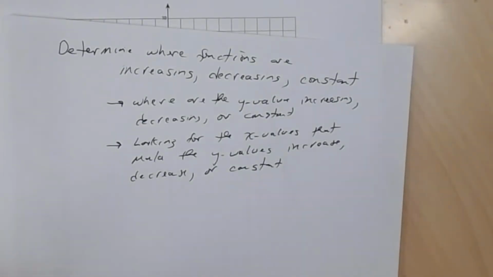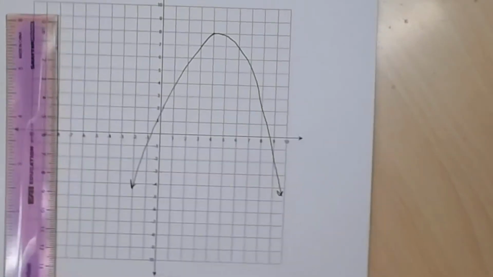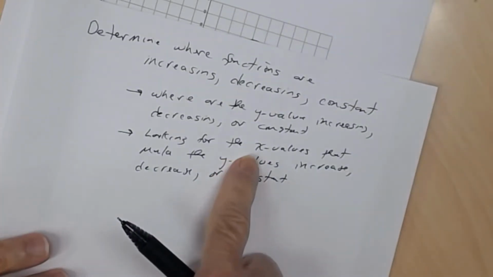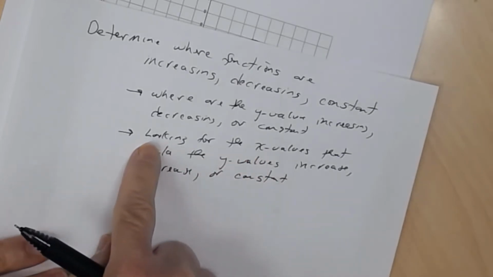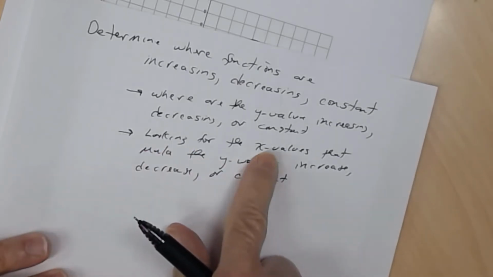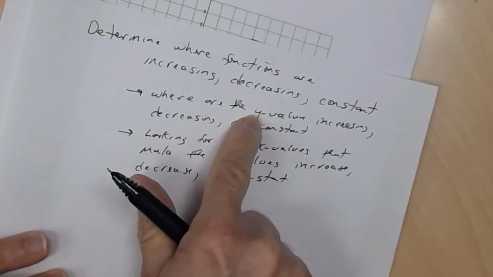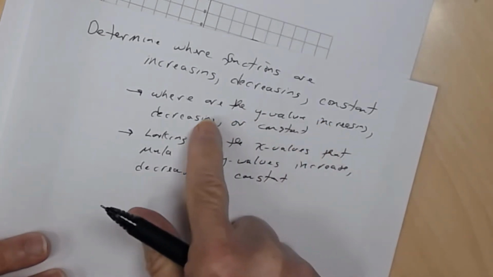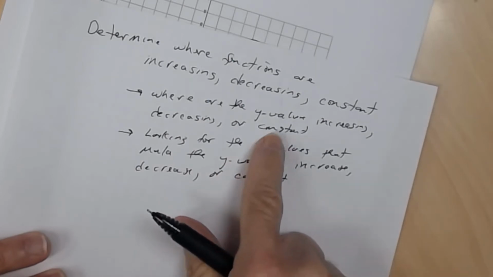Remember, that second part, the x values, that's your domain. So what domain will make these y values increase? What domain will make these y values decrease? And what domain will make these y values stay constant?